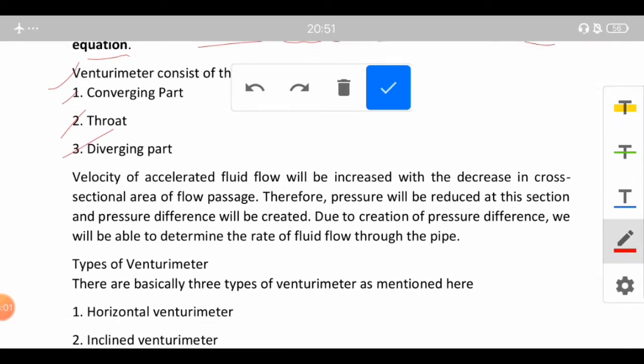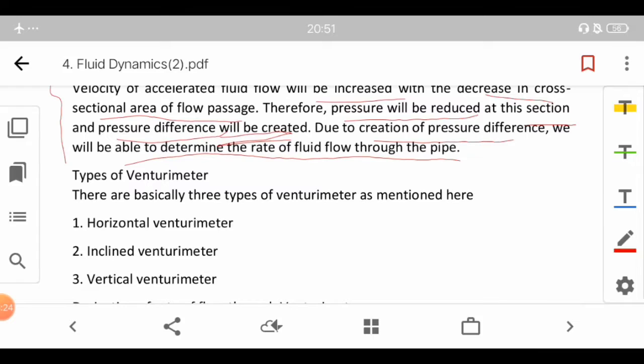Now the velocity of the accelerated fluid will increase with the decrease in cross-sectional area of the passage, and therefore pressure will be reduced at this section and a pressure difference will be created. Due to the creation of the pressure difference, we will be able to determine the rate of flow through the pipe. This thing we have already discussed. So there are three types of Venturi meter.